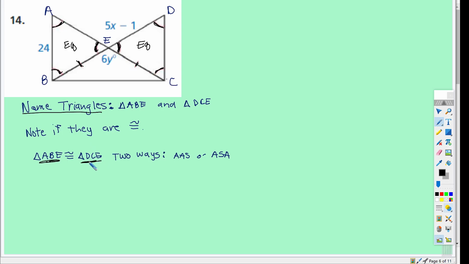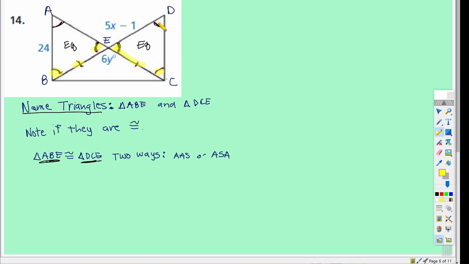DCE are congruent. You either have angle side angle, which would be equal to this angle side angle, or angle angle side, right?